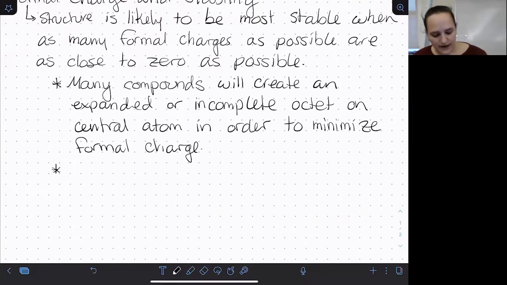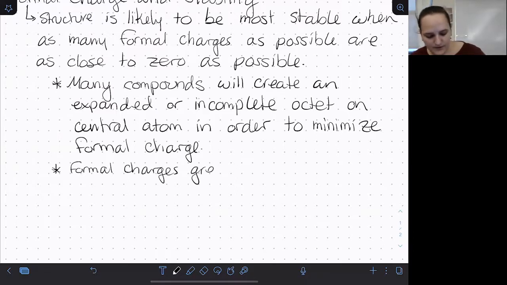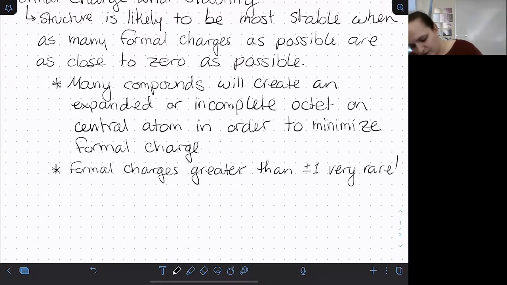And in fact, formal charges greater than plus or minus 1 are extremely rare in stable compounds. So plus and minus 1, super common, you find them all the time. If you see a plus or minus 2 or a plus or minus 3, that should be a pretty big red flag to you that there is probably a better structure that you can draw.